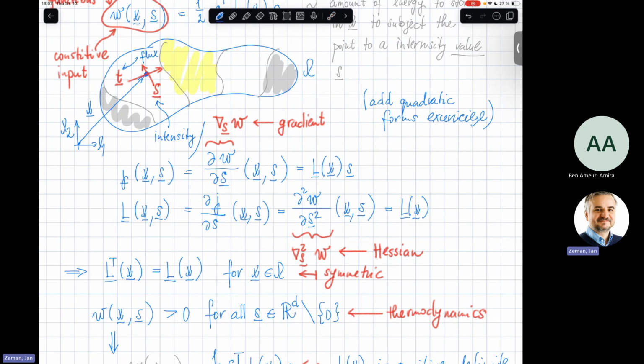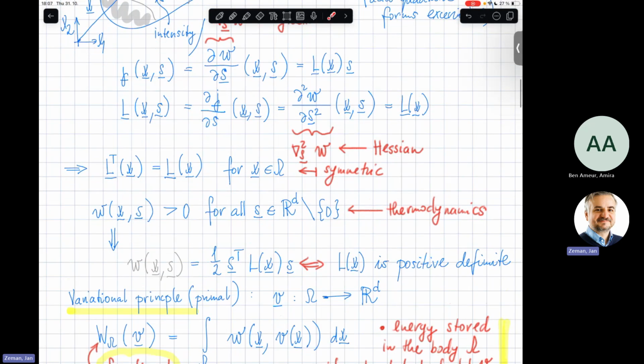Okay? So in other words, I take the gradient of this W with respect to the second argument once or twice. Sometimes people like to say that flux is a gradient of a certain energy density, and the constitutive parameters correspond to the Hessian.